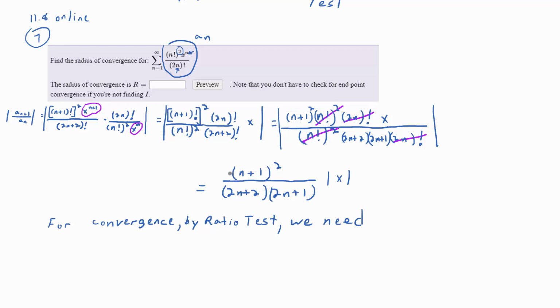So what we need is this: n plus 1 squared, divided by 2n plus 2, times 2n plus 1. We need that. Well, we know that it is going to converge to what? I'll say more about that in a second.